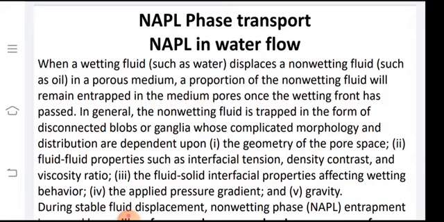When a wetting fluid, such as water, displaces a non-wetting fluid, such as oils, in a porous medium in the pores in the vadose zone, a proportion of the non-wetting fluid will remain entrapped in the medium pores.